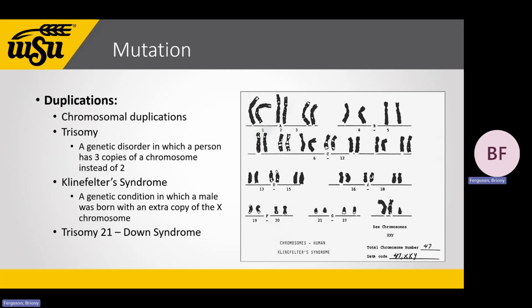Now, we talked last week about positive, negative, and neutral mutations. Trisomy and Klinefelter's and other duplications are considered negative mutations. Now, this means that they are negative if you were looking at it in a broad view. If you're looking at humans just as animals and evolution-wise, them needing to reproduce in the most efficient and productive way, these are negative mutations because these individuals oftentimes are not going to be as fertile.